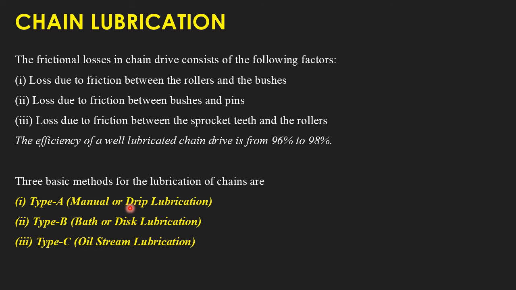In drip lubrication, a small drip lubricator will be present in the system, and from the drip lubricator we continuously supply oil to a horizontal pipe. This horizontal pipe has holes in it, and through those holes oil comes and falls onto the link plates, similar to the drip irrigation system which you know.